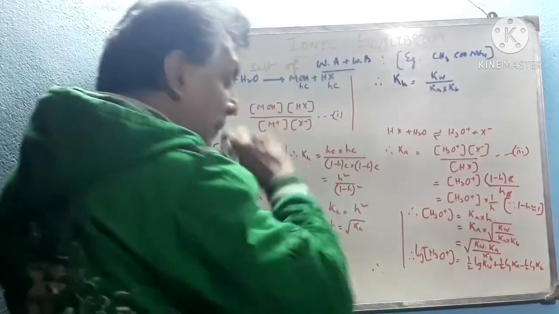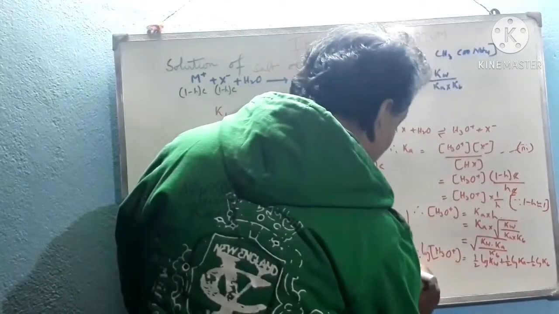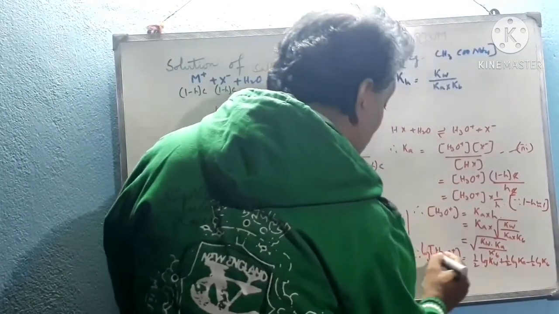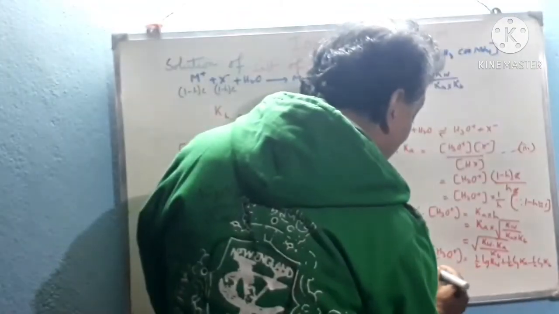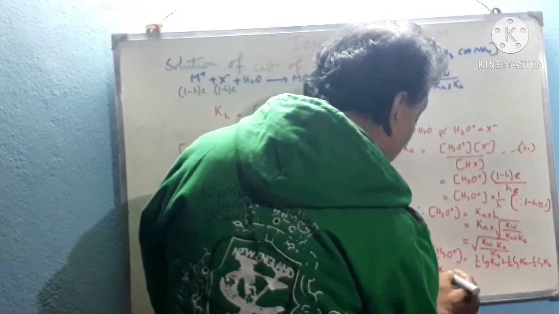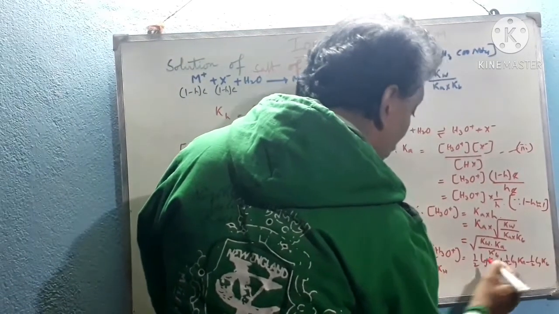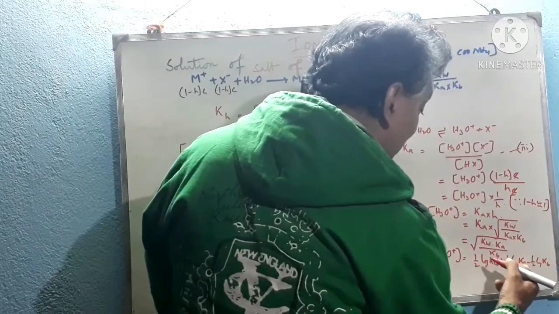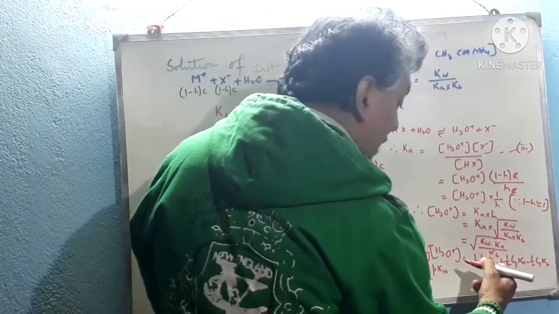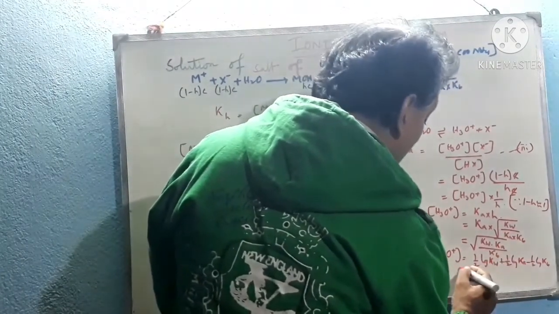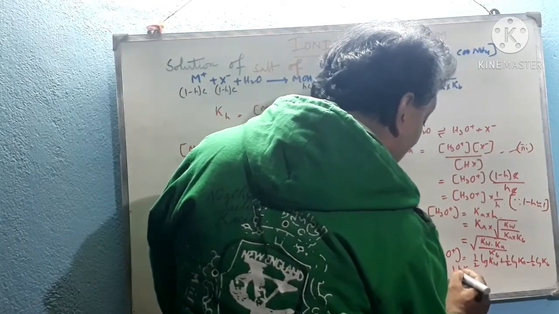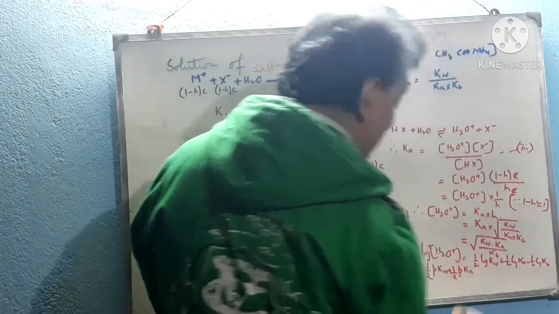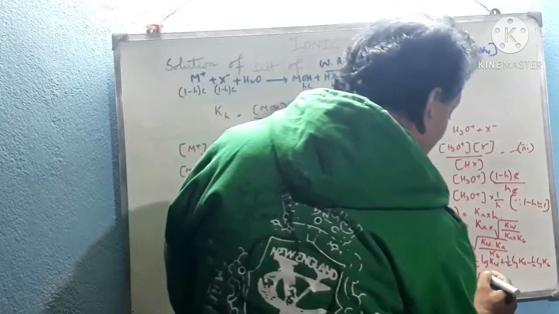Therefore, multiplying both sides with negative sign, we get pH, because minus log of H3O plus is pH. Minus log Kw becomes pKw, that means half pKw. Minus log Ka means pKa, so it becomes plus half pKa.